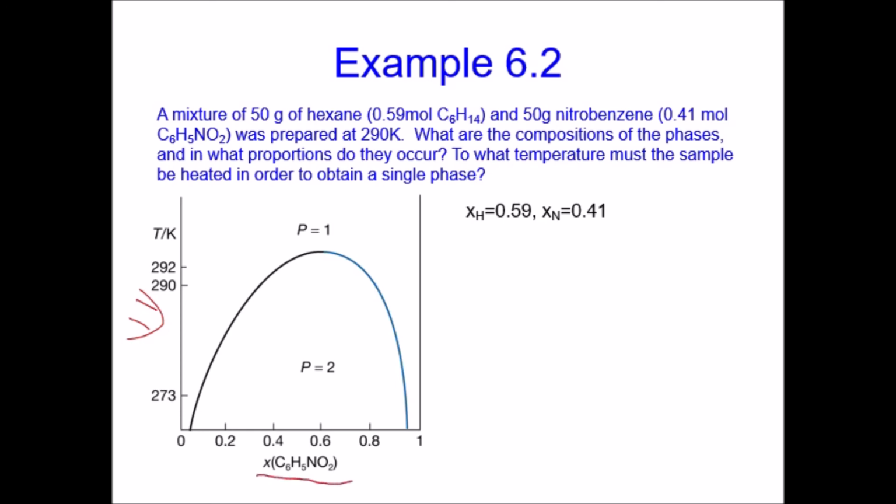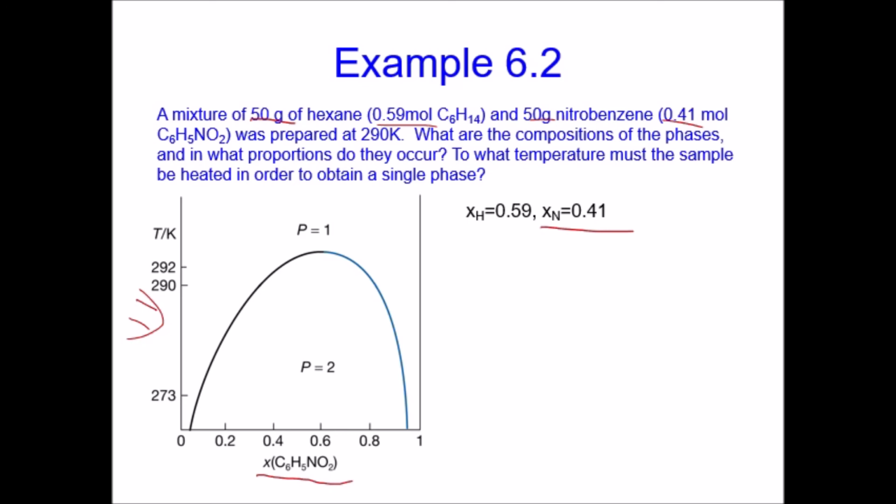So the first thing we need to do is calculate the mole fraction of nitrobenzene using grams. From grams, you calculate the moles by dividing by molar mass. From the moles, you calculate mole fraction. The calculated mole fraction for nitrobenzene is 0.41.